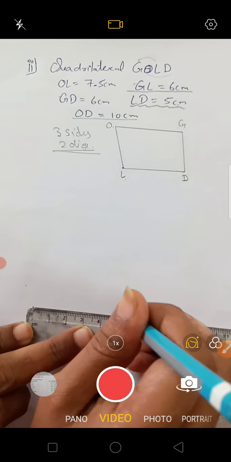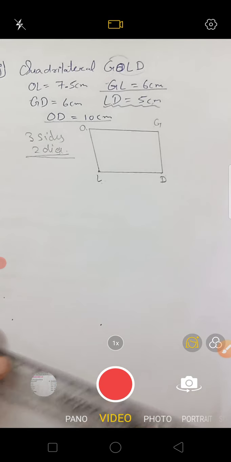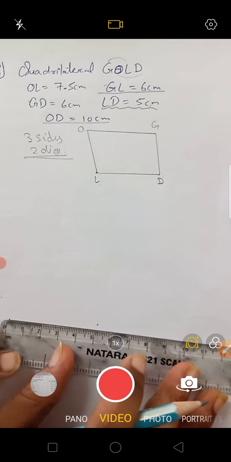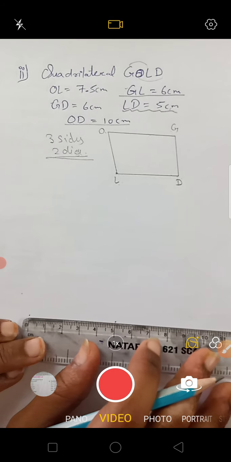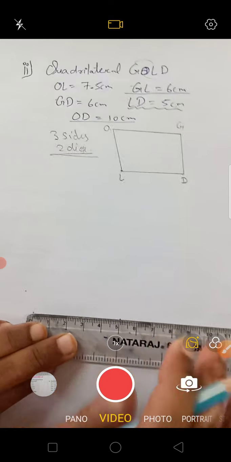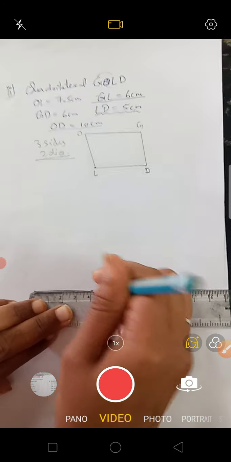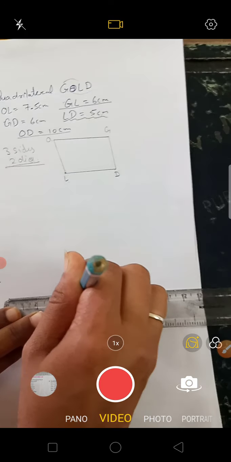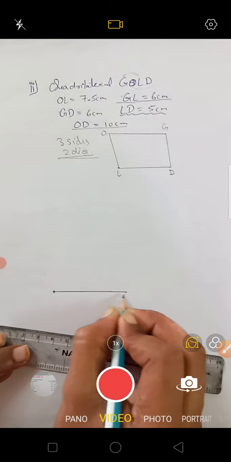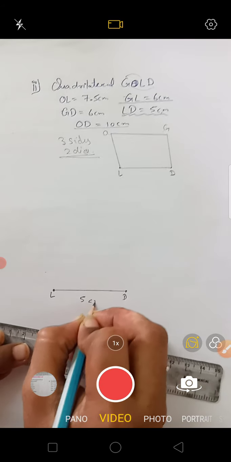Here we plot it, and we join them. So this side LD is 5 centimeter.